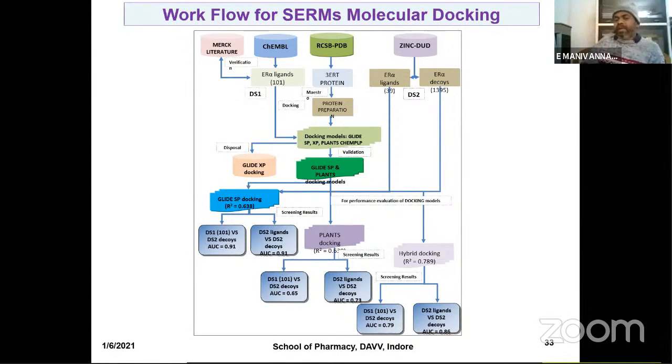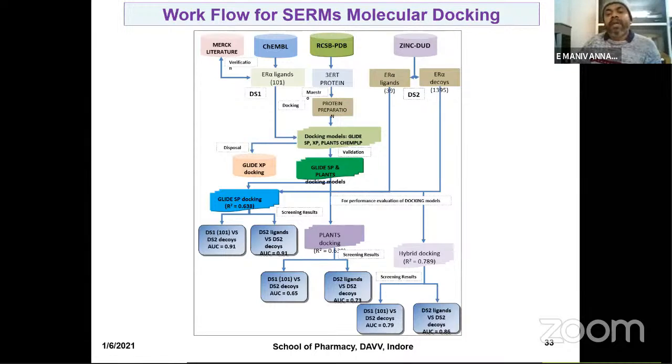In our screening, we found the extra precision method does not produce better results than the standard precision technique, so Glide XP docking was dropped.